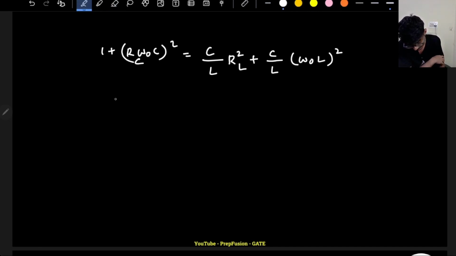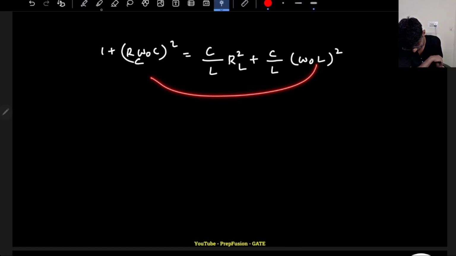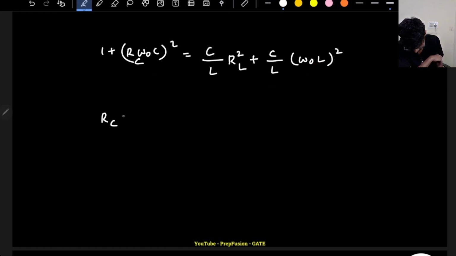So if this term comes here, this will be RC square into C square minus LC basically.